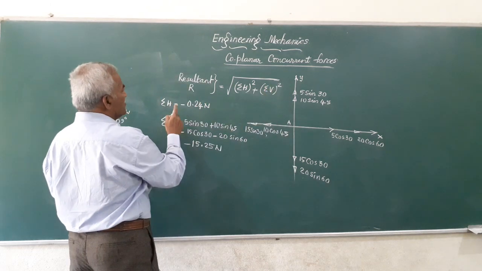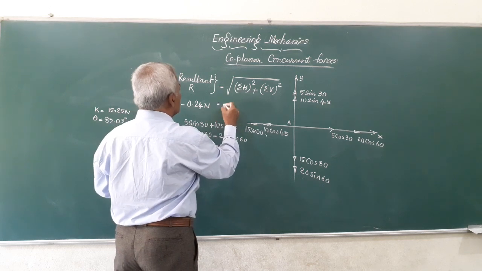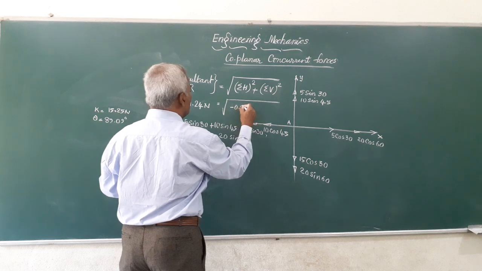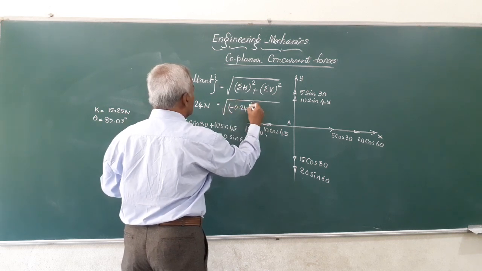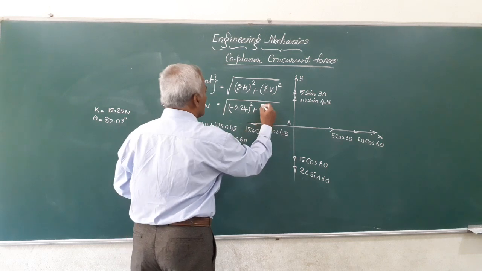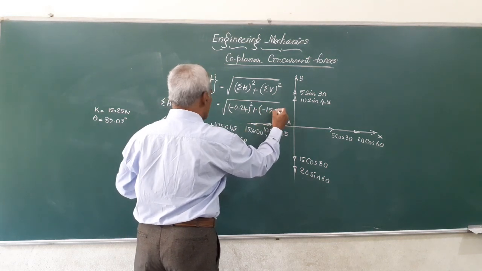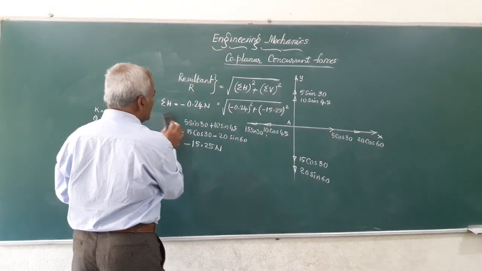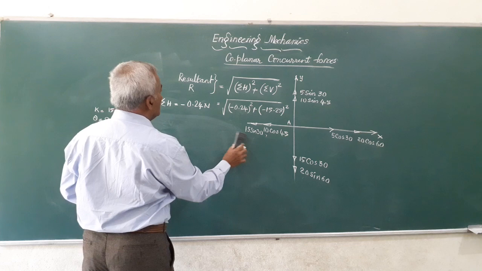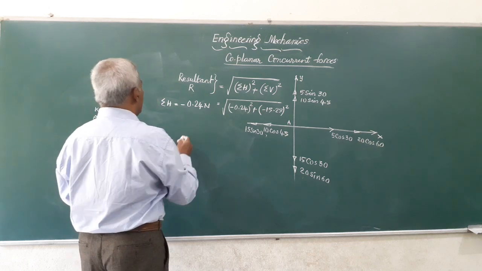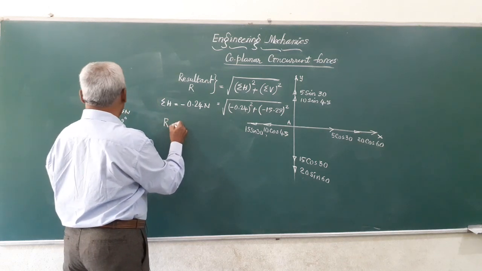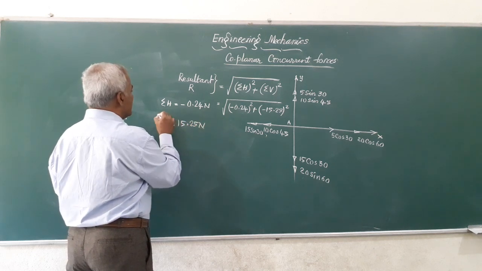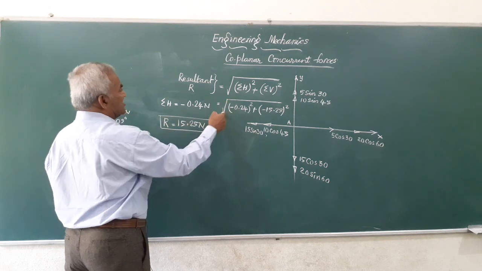So, friends, here we know sigma H, this is square root of minus 0.24 square, sigma V minus 15.25 Newton square. And friends, if you simplify this, you are going to get a value resultant R is equal to 15.25 Newton. This is the answer you are getting.